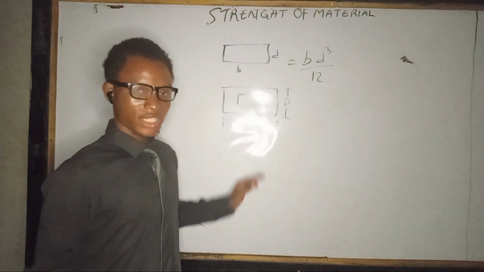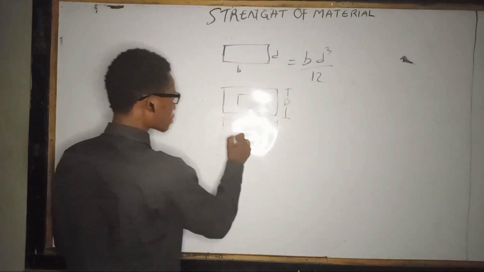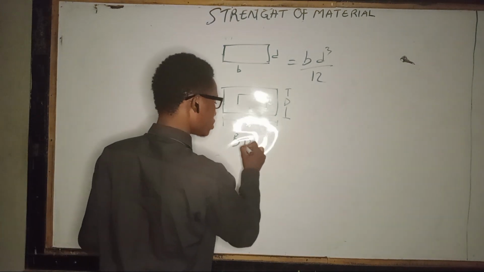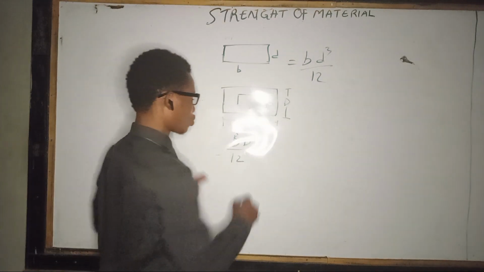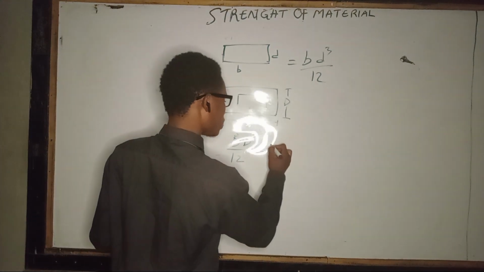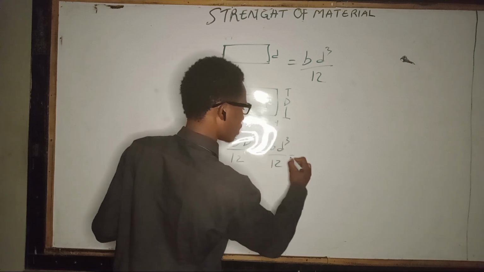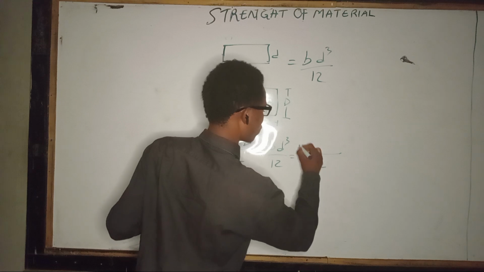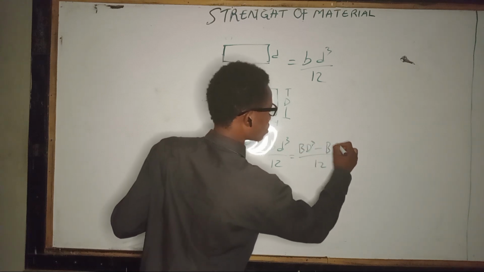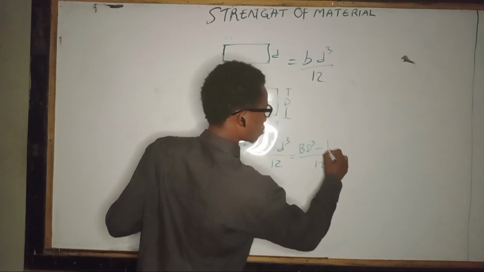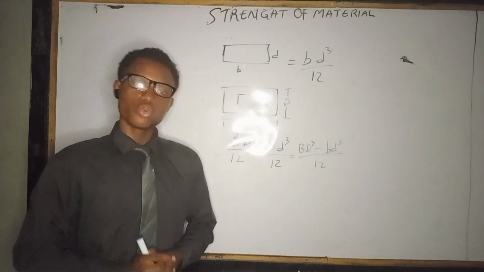The moment of inertia of this right here is capital BD cube over 12 minus small bd cube over 12, which is equal to 12 (BD cube minus bd cube). So that is for a hollow rectangle.